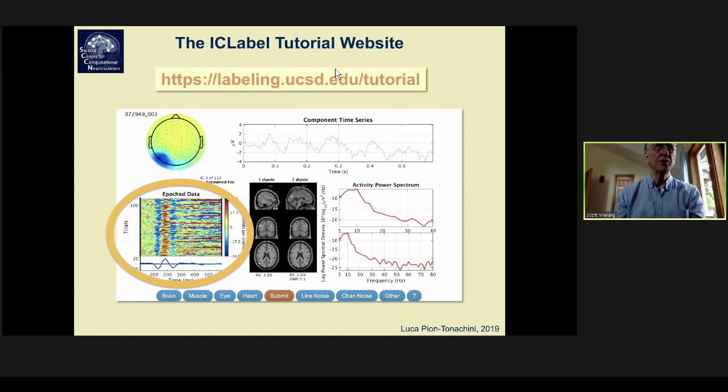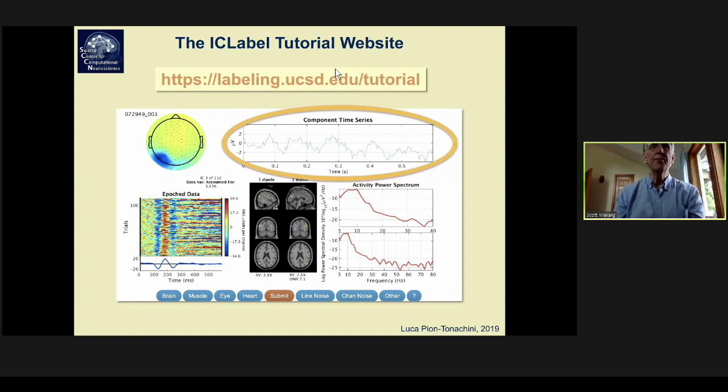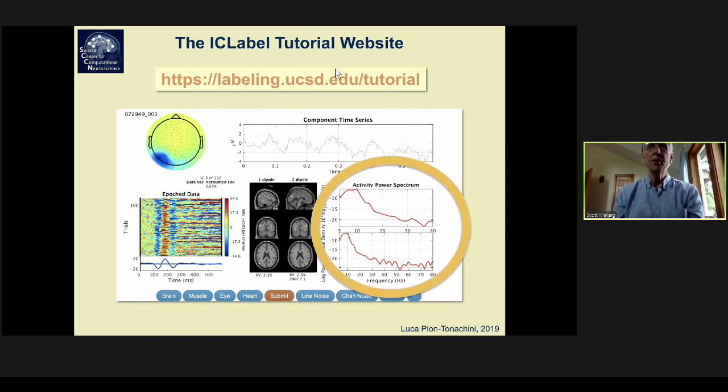Here is a raster plot. Colored lines are single trial ERPs. It's epoched data. Here is a snapshot of some of its time course. Here is its spectra in two ranges, 3 to 40 and then 3 to 80.